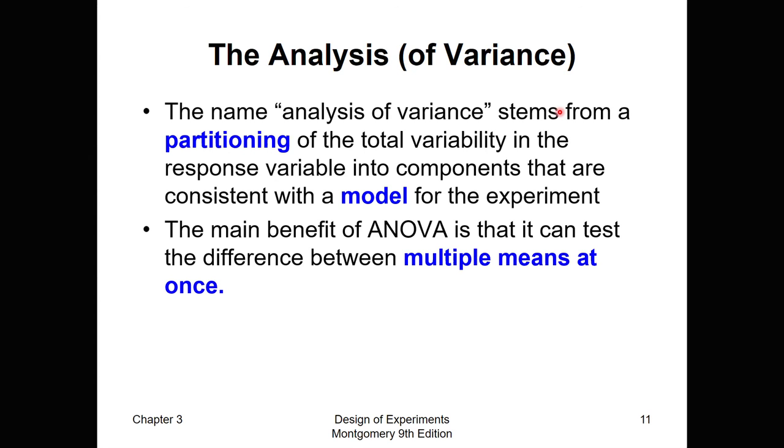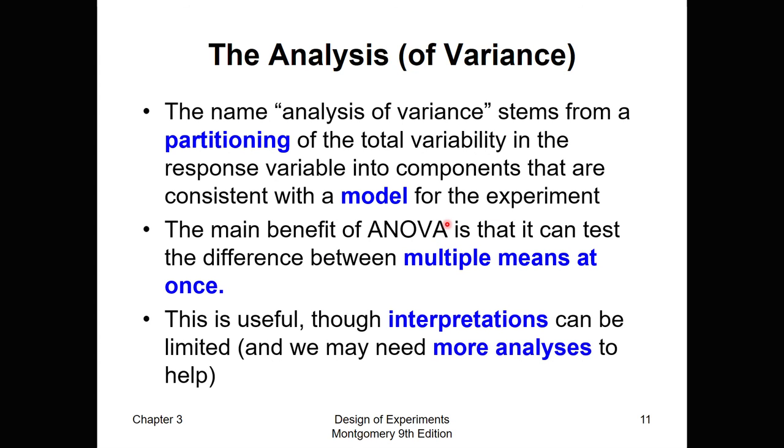The main benefit of analysis of variance is that we can test the difference between multiple means all at the same time. It's pretty cool. So instead of having to do, let's say, a t-test between each of the different factor levels, I could test the difference between all of the different means at once. Now, this is extremely useful, but one cost here is that interpretations can be a bit limited.